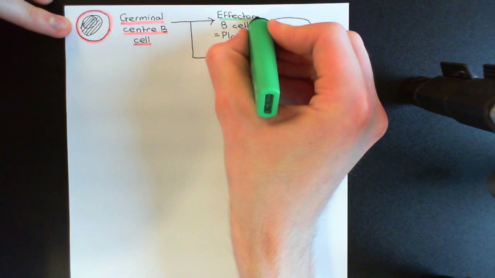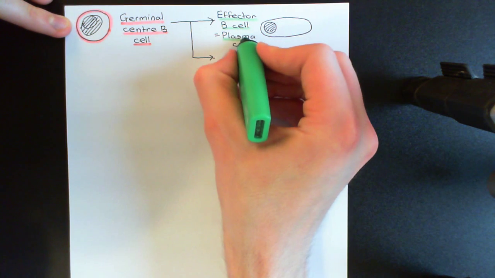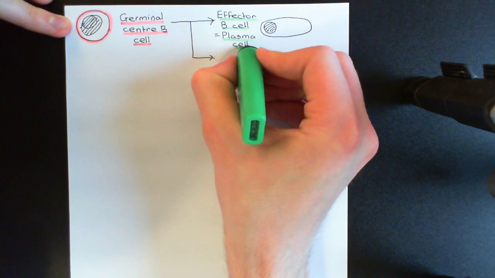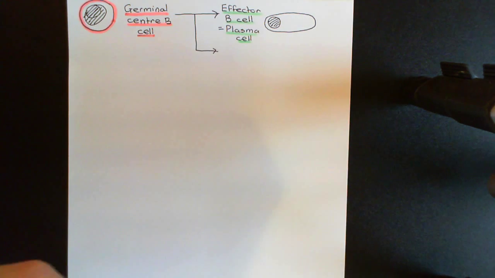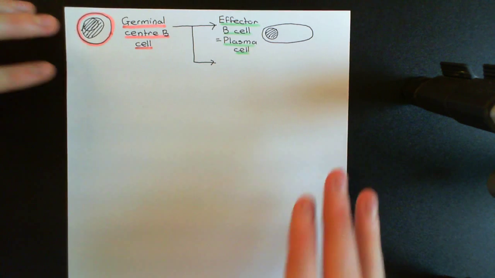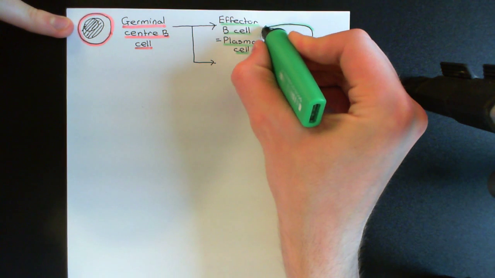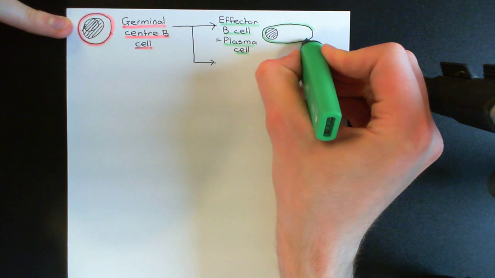They are actually going to produce the secreted form of the immunoglobulin molecule and put that into the bloodstream, and therefore it will go off and have the anti-pathogen effect. So these are the cells that are actually going to contribute to the eradication of the pathogen. So here in green, this is an effector B cell.